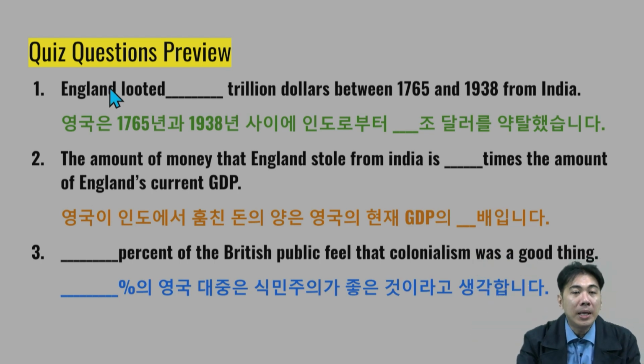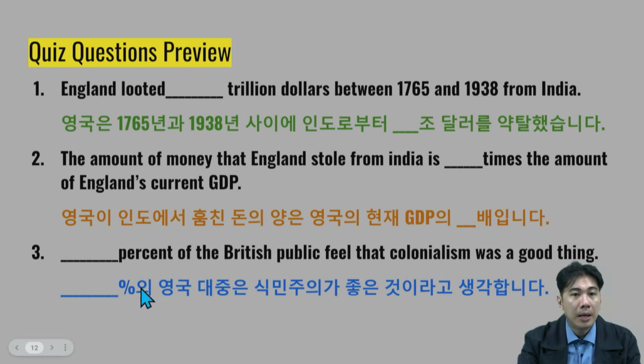Number one, England looted more than blank trillion dollars between 1765 and 1935 from India. How many trillion dollars? Number two, the amount of money that England stole from India is blank times the amount of England's current GDP.